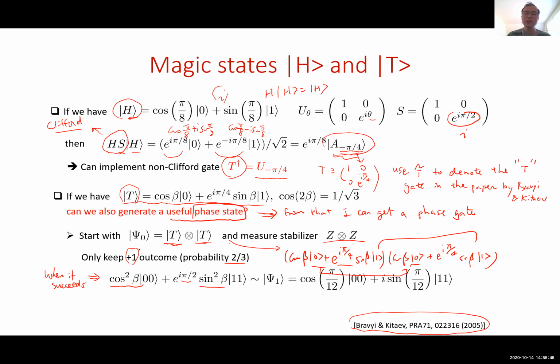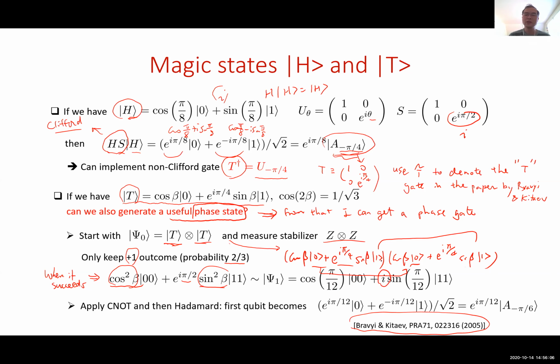And you can see that this is cosine pi over 12, 0,0, and I sine pi over 12. So you have to verify yourself. So anyway, it's a cosine angle and sine angle, and with this I. Okay, then you apply controlled NOT to disentangle, and then you apply the Hadamard. So the reason to use the Hadamard is it would mix the two, right?